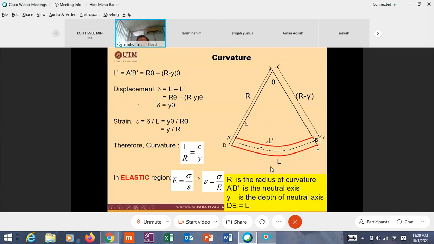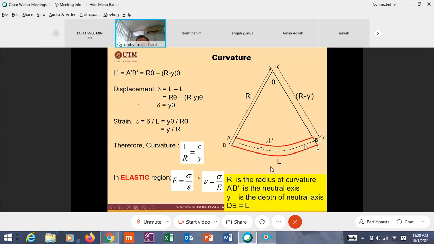And what is the length of A'B' equal to? In this case, R is the outer layer of the beam, and y is the depth of the neutral axis.